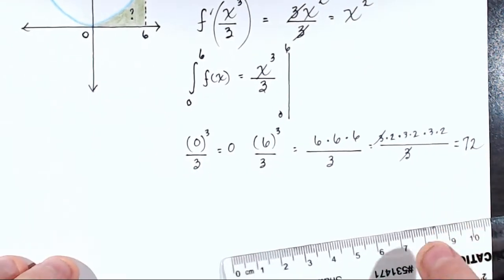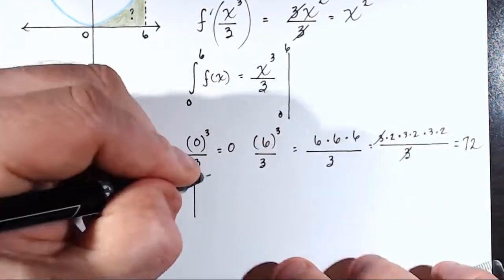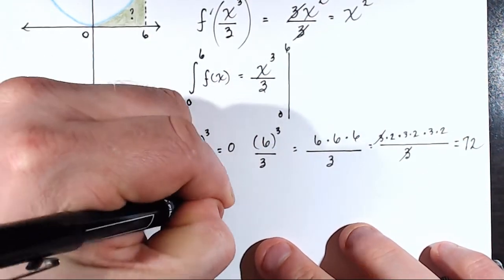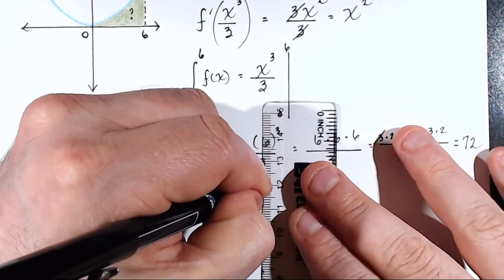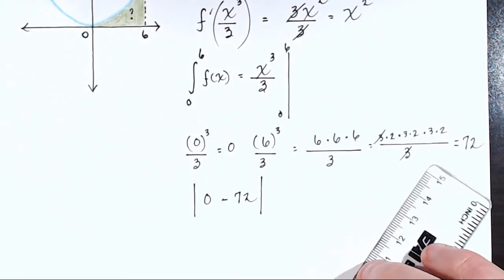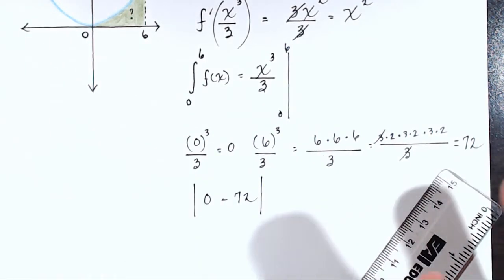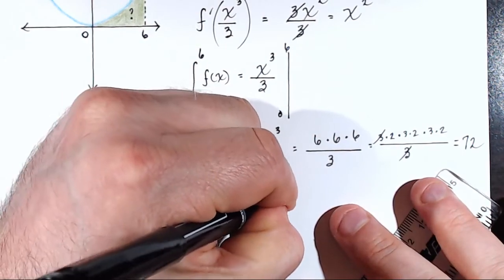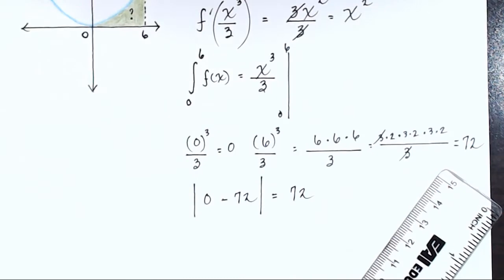And now we're going to take the absolute value of the difference between 0 and 72. So 0 minus 72 is negative 72. Absolute value makes it positive. So the absolute value is 72.